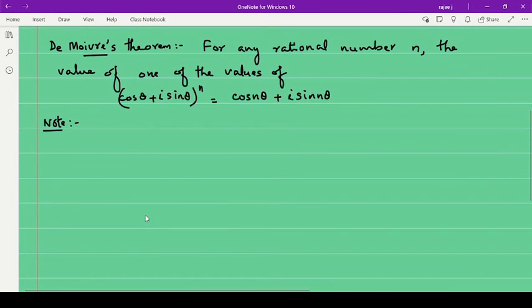Now we will write some expressions. Suppose z is equal to cos theta plus i sin theta, using that where r equal to 1.